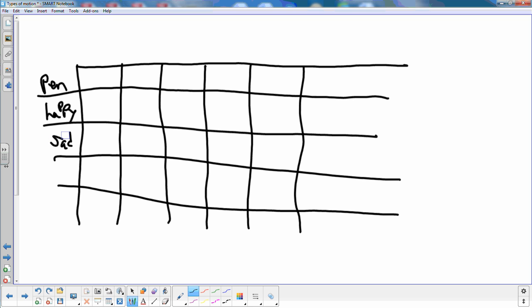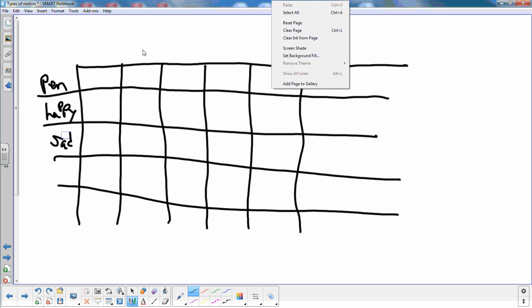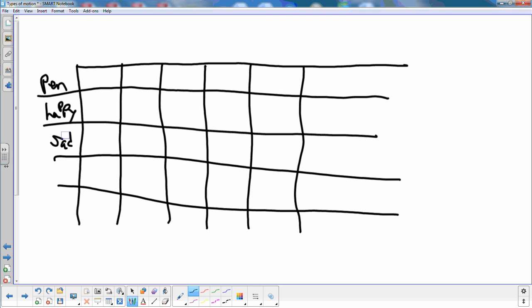Up here, you should definitely be putting down the different types of motion that we're dealing with. So if you were looking at accelerated motion, A, C, C. If you were looking at constant motion, you're looking at projectile motion.